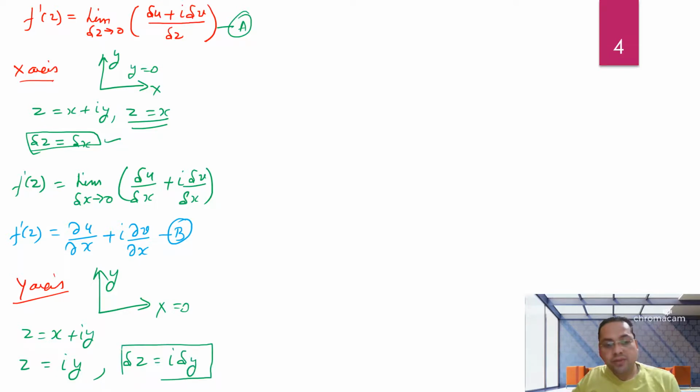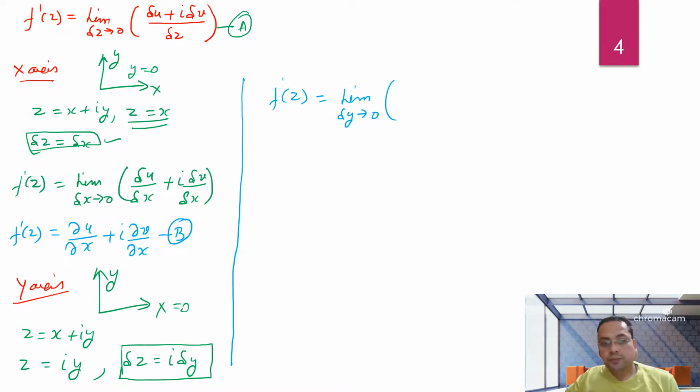Now replacing delta z with iota delta y in equation A, we have f dash z is equal to limit delta y tends to 0 of delta u over iota delta y plus iota delta v over iota delta y.